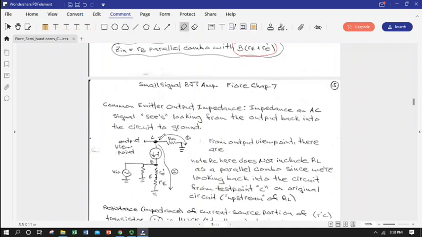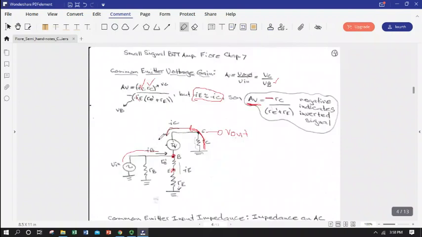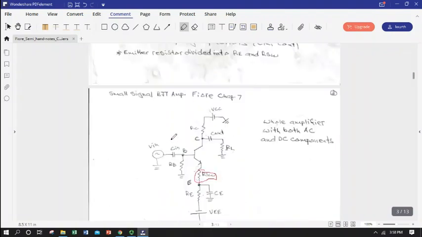Let's go back to our schematic. The output is here. It's not at the load because the load's already outside of it. So we have to go back to the other side of the coupling capacitor. And so the output point of the circuit really is the collector point. The signal is going to output there.